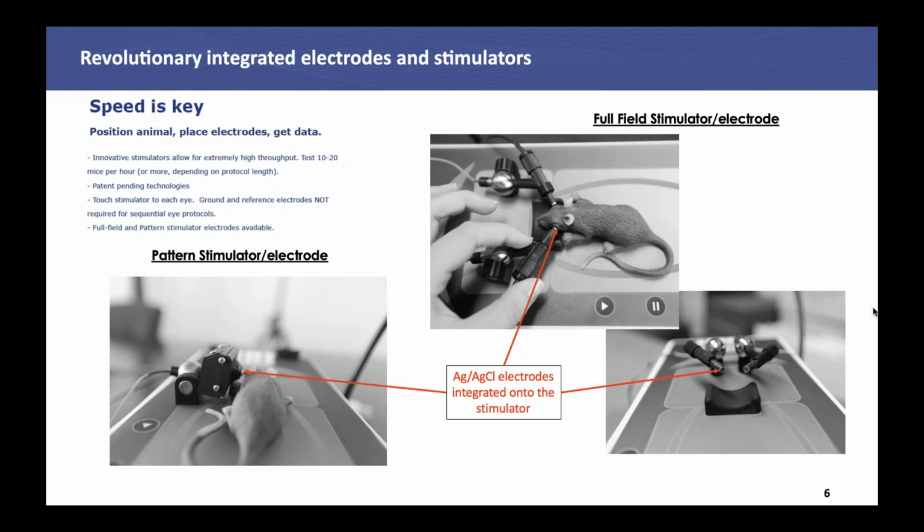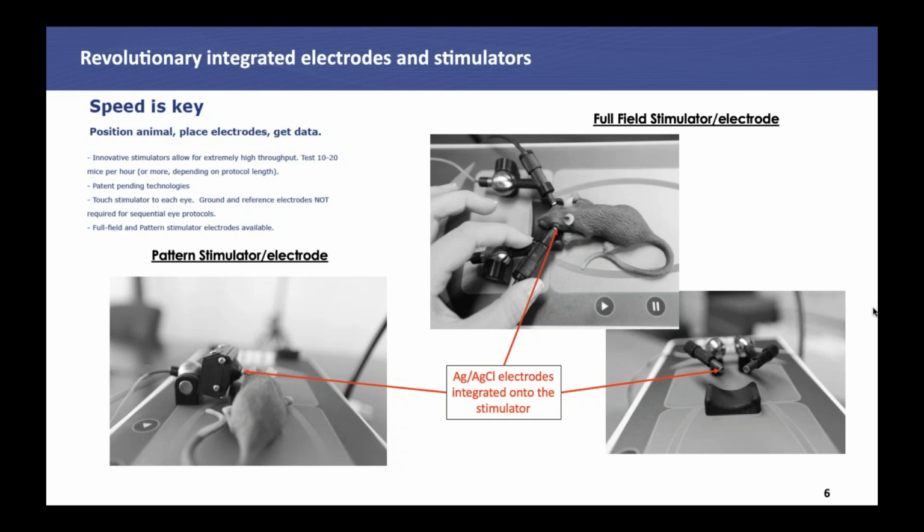The electrodes, similar to processes you would use on other systems, do require an ophthalmic gel to provide electrical contact between the cornea and the electrode itself. But the idea of the electrodes is to make them more durable than other electrodes have been in the past, and faster to place. And then the circular architecture makes them a little bit more tolerant to placement on the eye, which helps the speed of testing and repeatability of the testing.